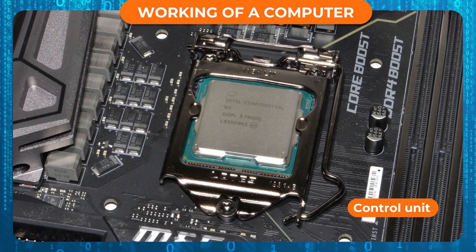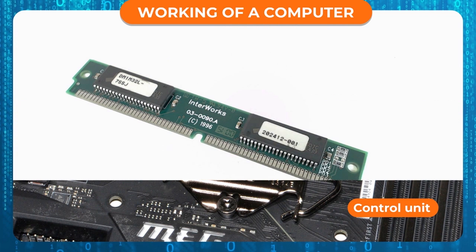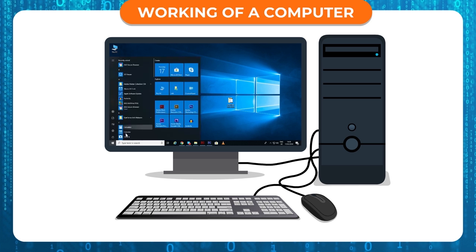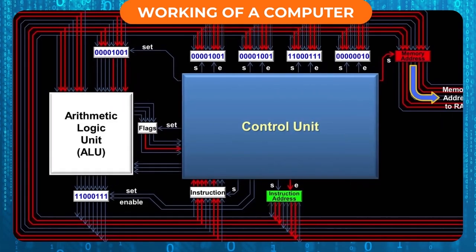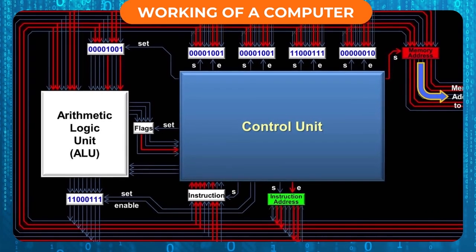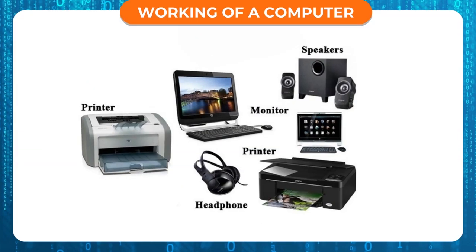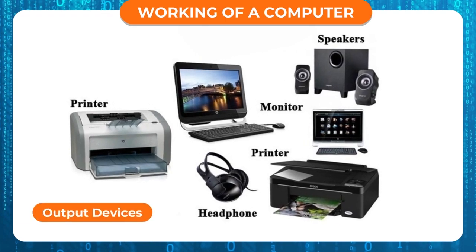Control unit, or CU, gets data or instructions from memory unit and then decides what to do of that instruction and transfers it to the ALU, where arithmetic sums and logical problems are solved. Results of ALU are stored in the memory for further operations. Finally, stored results are passed on to the output devices.